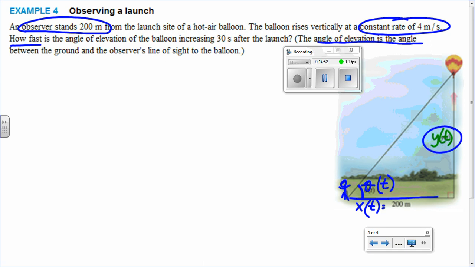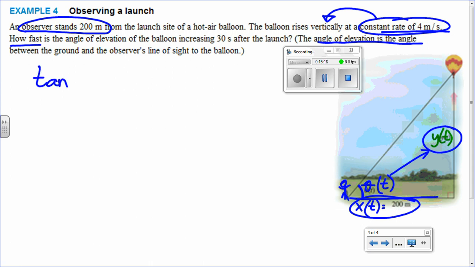Why from here? Well, because we have one of the rates for how the balloon is rising up vertically. And so that includes the adjacent side because we have it here, adjacent, and it also includes the opposite side to that angle. So think about it, opposite over adjacent, so that will be tangent.